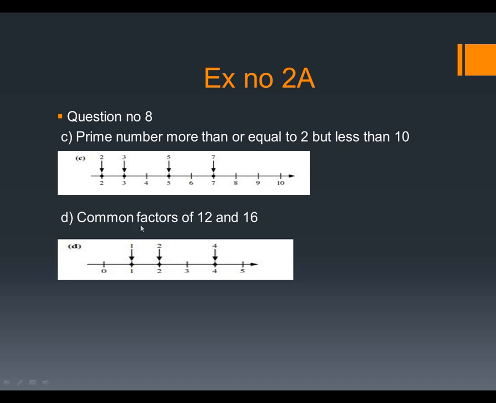So we have to see the common factors, and here the common factors are 1, 2, and 4. So we have to make the number line, which must go beyond 4. So here will be 1, 2, and 4. These are the only common factors.